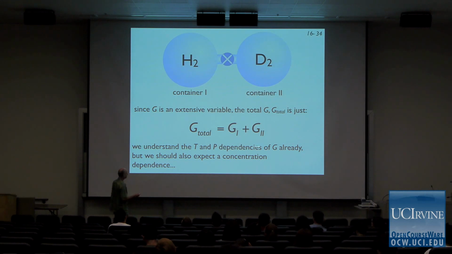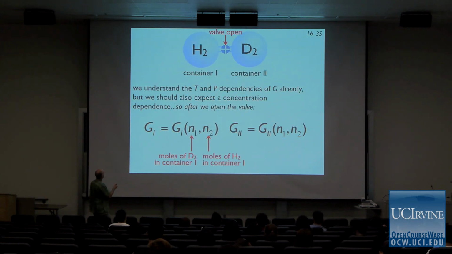Okay, we understand the temperature and pressure dependencies of G already, but we should also expect a concentration dependence. So, the Gibbs energy in container 1, once I open this valve, see how it's open now? And these two gases can mix. I have to consider moles of H2 and moles of D2.